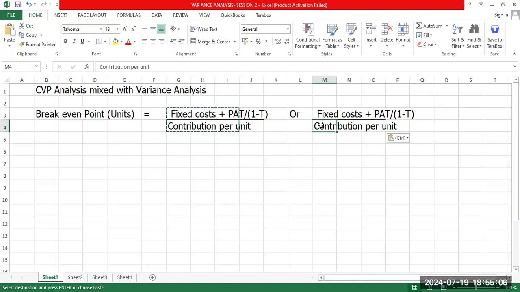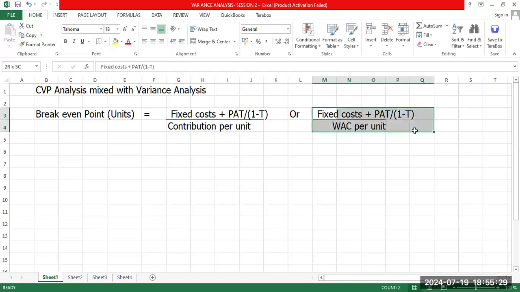But here what you put is weighted average contribution per unit. That's what you put. This second method is applied when you're dealing with a question which has a sales mix.